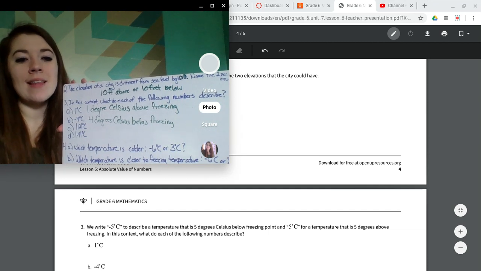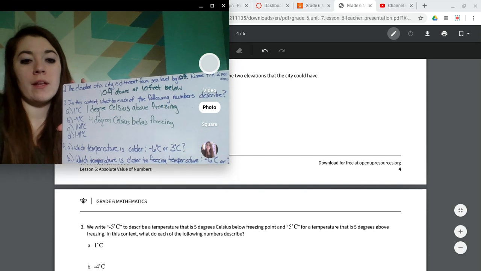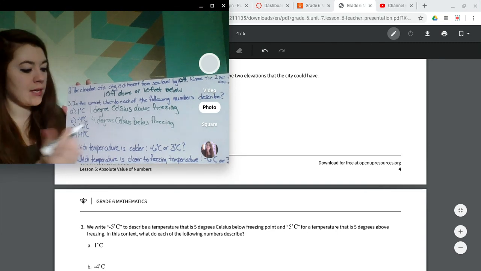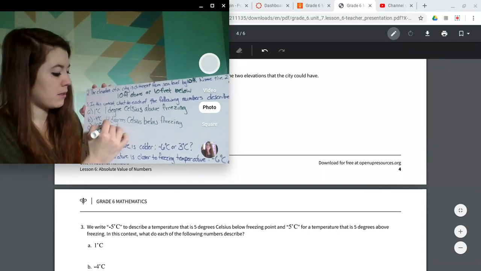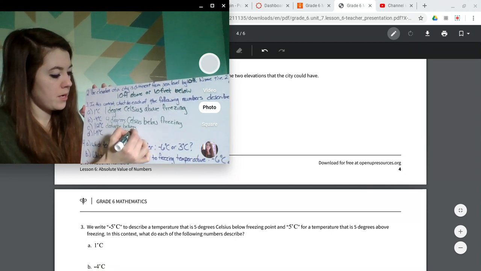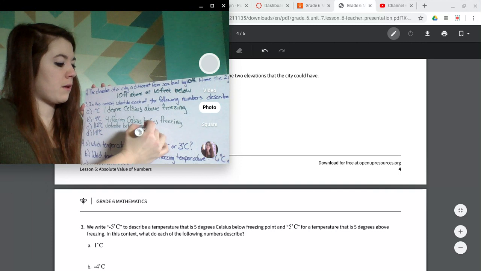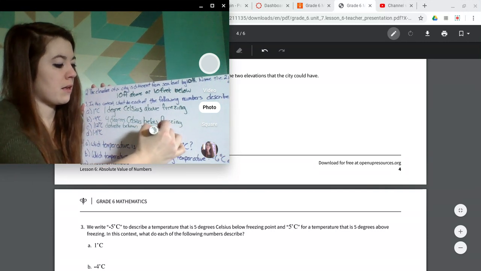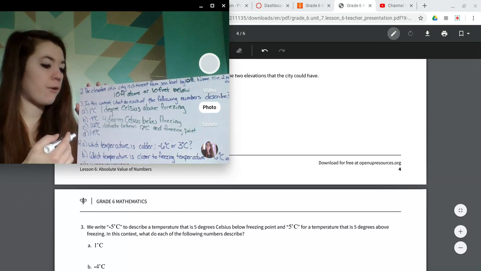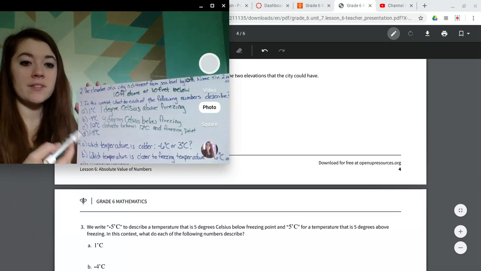So for C, the absolute value of 12 degrees Celsius. So if we look and think about what absolute value means, it means the distance. So the absolute value of 12 degrees Celsius is the distance between 12 degrees Celsius and freezing point. Now, for D, we have the absolute value of -7 degrees Celsius.